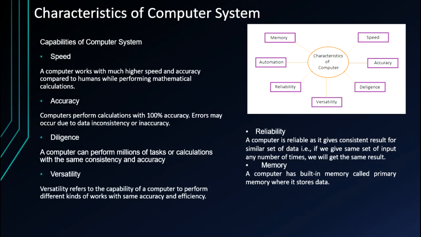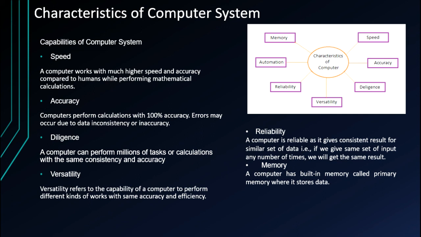Next is our characteristics of computer. So we have seven characteristics of a computer. A computer has speed, or can perform with great speed and accuracy compared to humans in performing mathematical calculations.